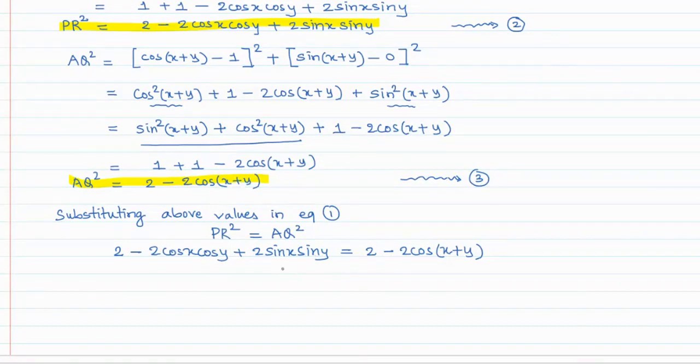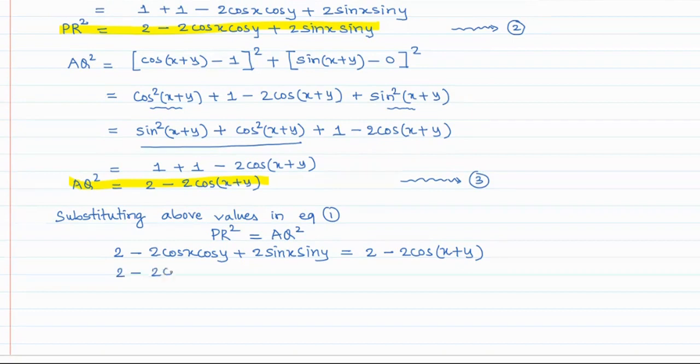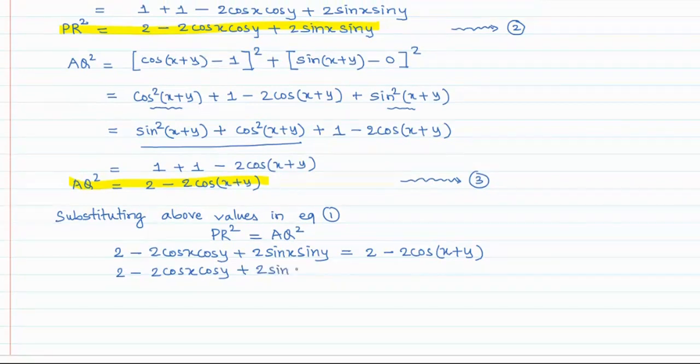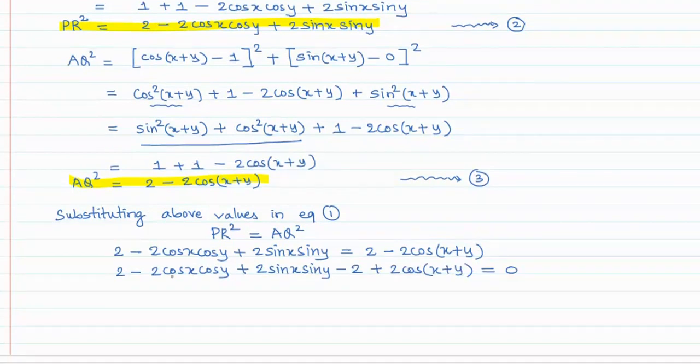Now we'll take all terms to the LHS. So if I take all terms to the LHS, 2 minus 2 cos x cos y plus 2 sin x sin y minus 2 plus 2 cos(x plus y). So this plus 2 and minus 2 gets cancelled.